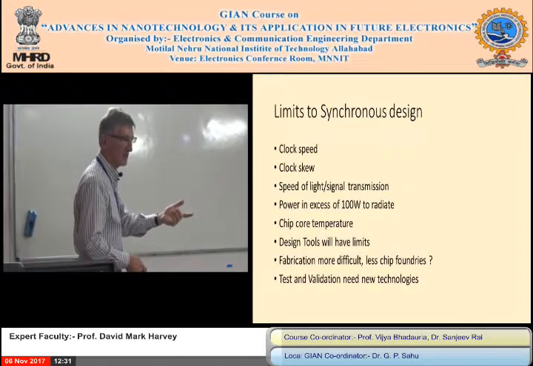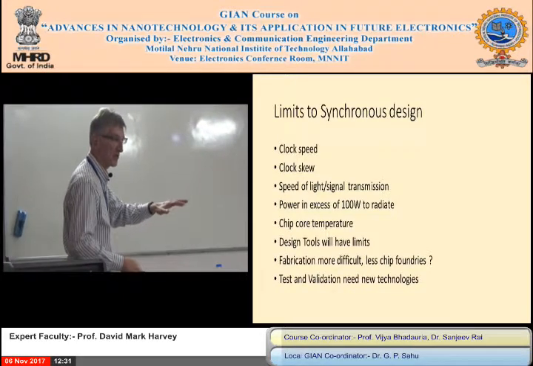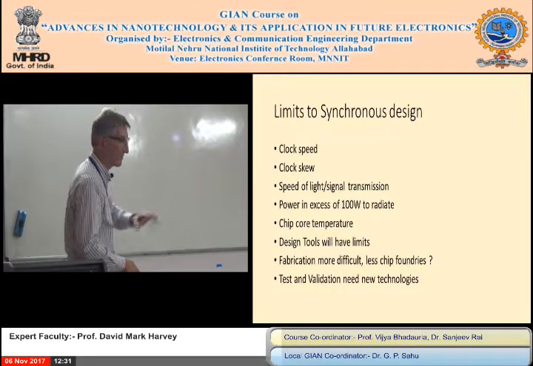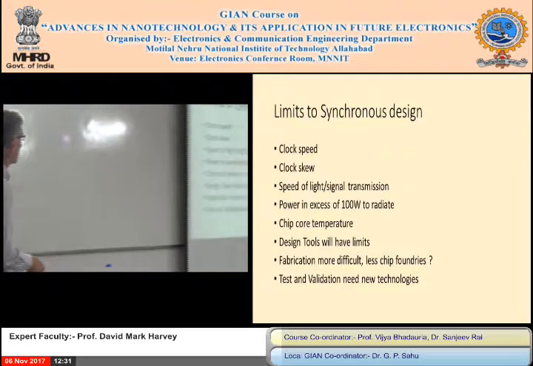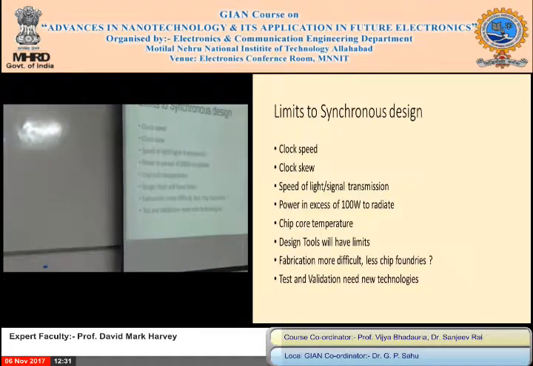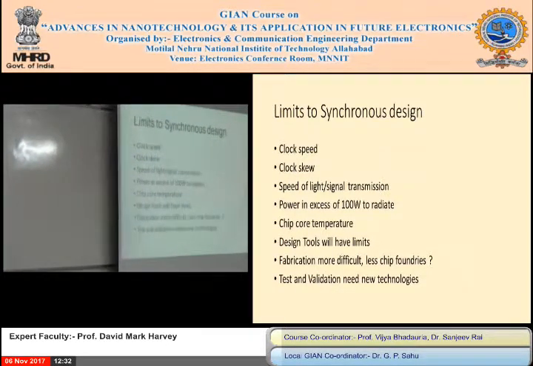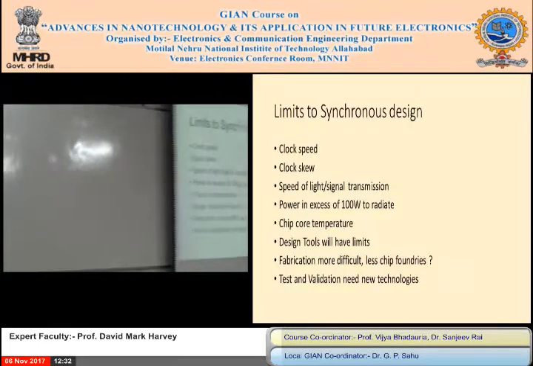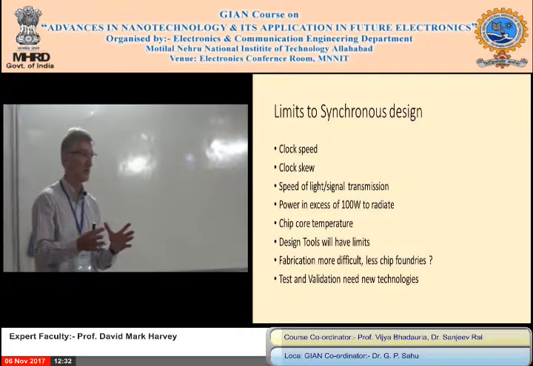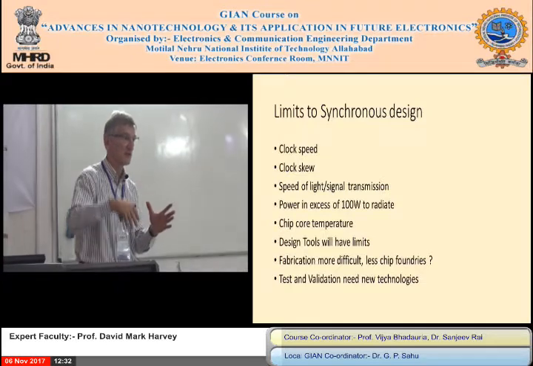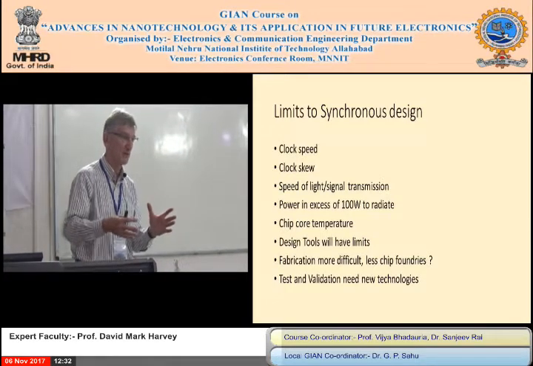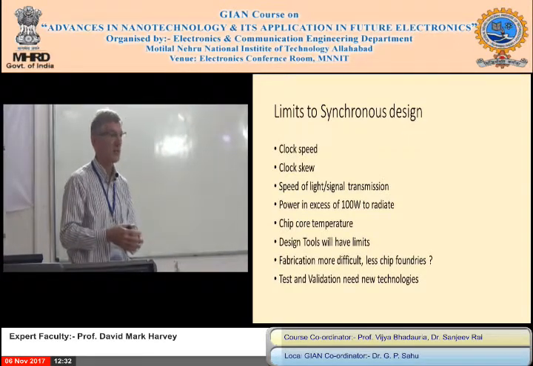Transistors will speed up. You can't speed up the speed of light. So that could be a crossover in your lifetime in the next 5 years. Power in excess of 100 watts, which we've got to already. How would you get it out? Well, look at your PC. You've probably got some quite complicated fan design that's been developed for 20 years to get the heat out. A very turbo type fan, but it's only air cooling.